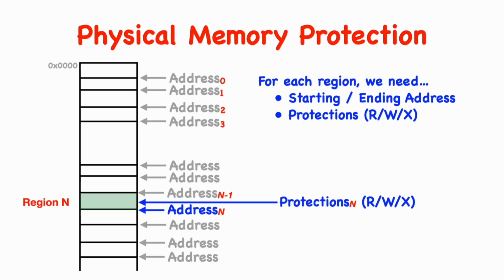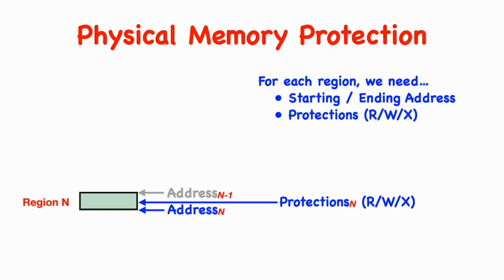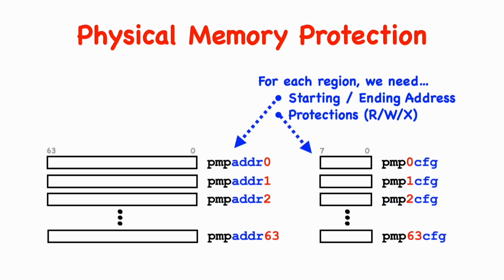Let's go back to the map of the address space, and let's focus on one particular region. As I said, we need to know where that region begins and ends, and what sorts of operations are allowed in it. To implement this, the physical memory protection scheme provides a bunch of control and status registers, as shown here.